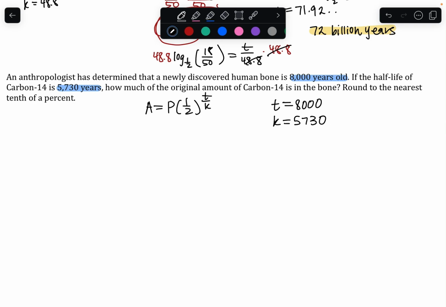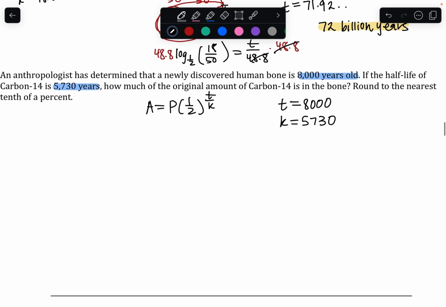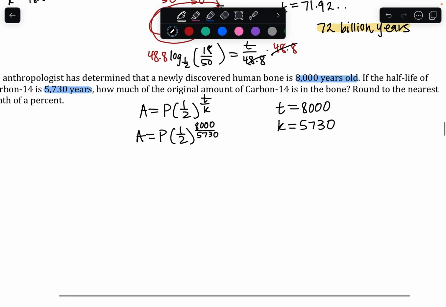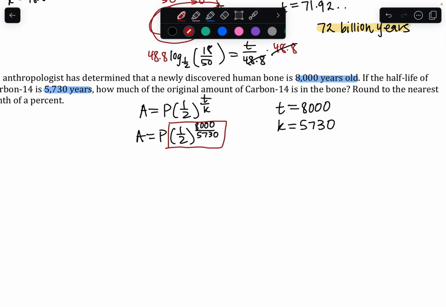So they didn't tell us A or P, so I'm going to leave those as is. But I'm going to fill in t, and I'm going to fill in k.